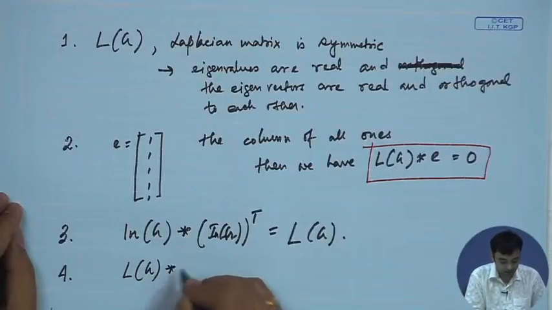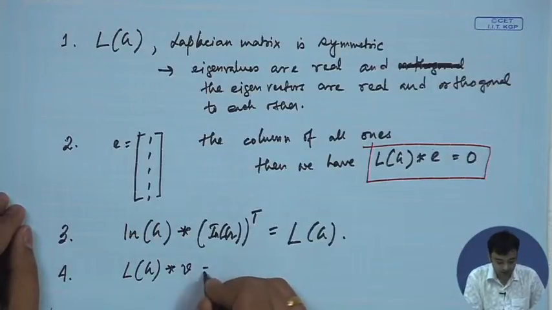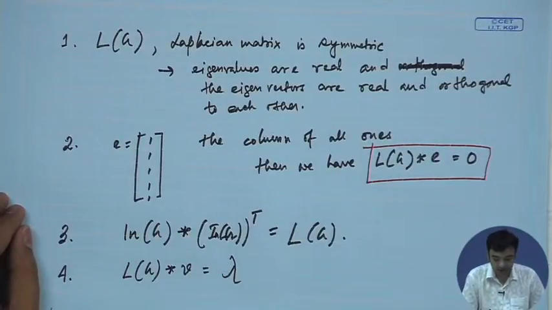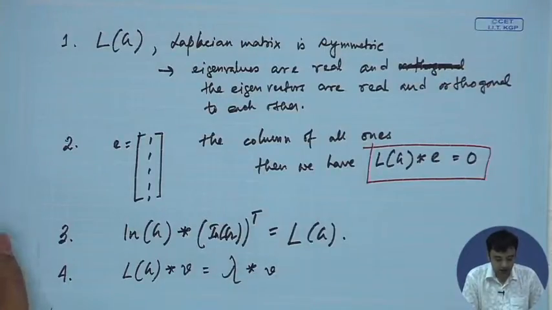And the fourth property is that the Laplacian multiplied by an eigenvector v is equal to some constant lambda into the eigenvector v, where lambda is the eigenvalue.